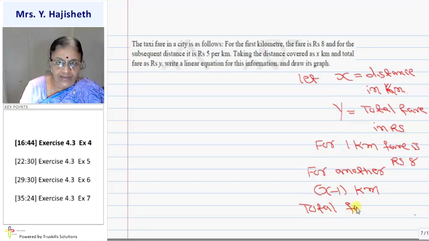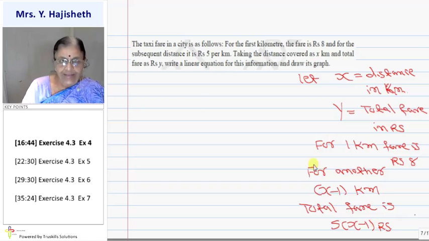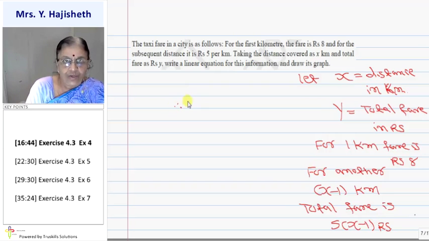So the total fare is 5 times x minus 1 rupees, right? So therefore y, that is the total fare, is 8 plus 5 times x minus 1.